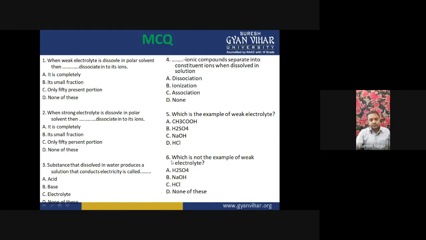Question number 6: which is not an example of a weak electrolyte? H2SO4, NaOH, and HCl. Actually, H2SO4 and HCl both are strong acids, while NaOH is a strong base.